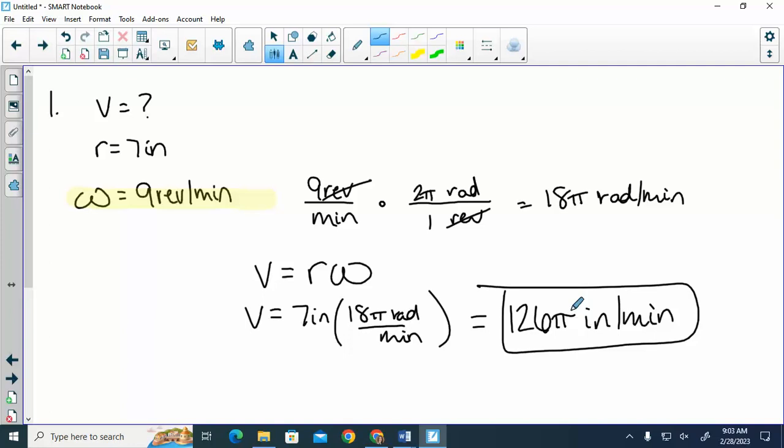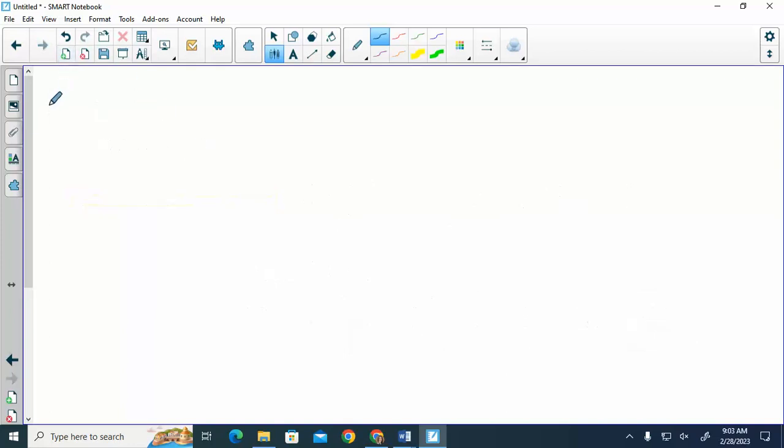I know you guys didn't ask about it, but can I talk about number 2? We want the radian and degree measure for theta. So theta is the thing I'm trying to find. The radius is 1/10 centimeters. And theta cuts off an arc of length 1/2 centimeters.